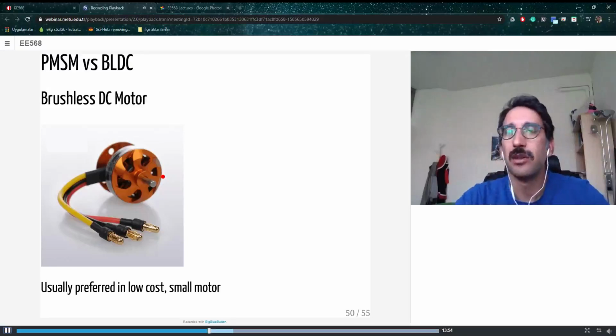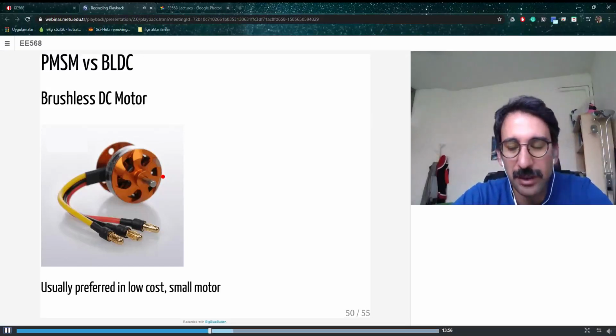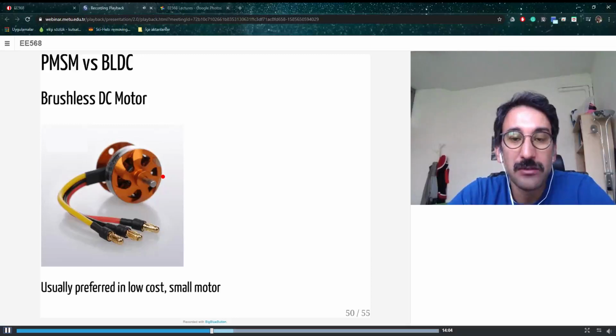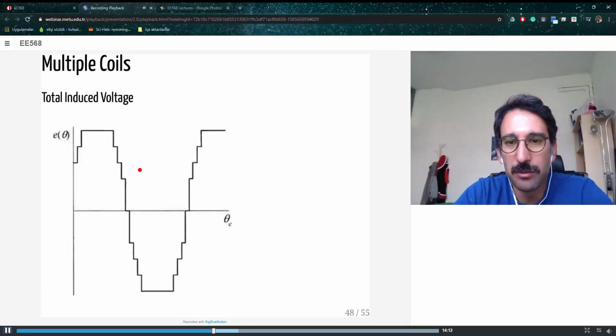So you are trying to simplify your manufacturing. You want to open as few stator slots as possible, and therefore you have maybe 1 or 2 coils per phase.